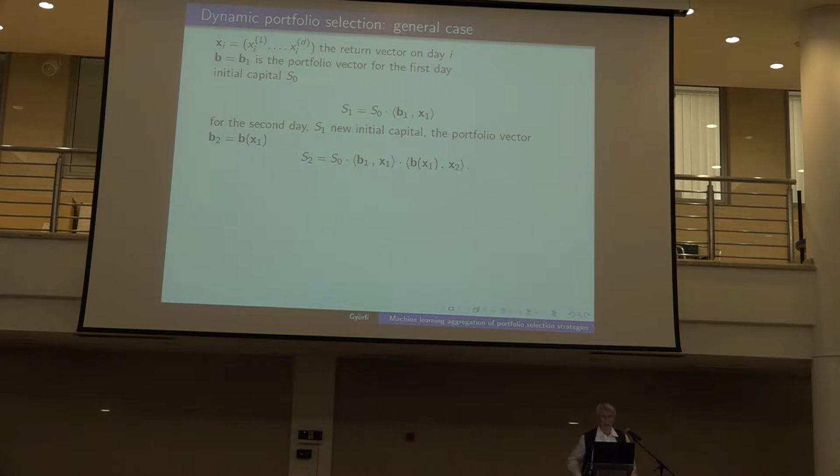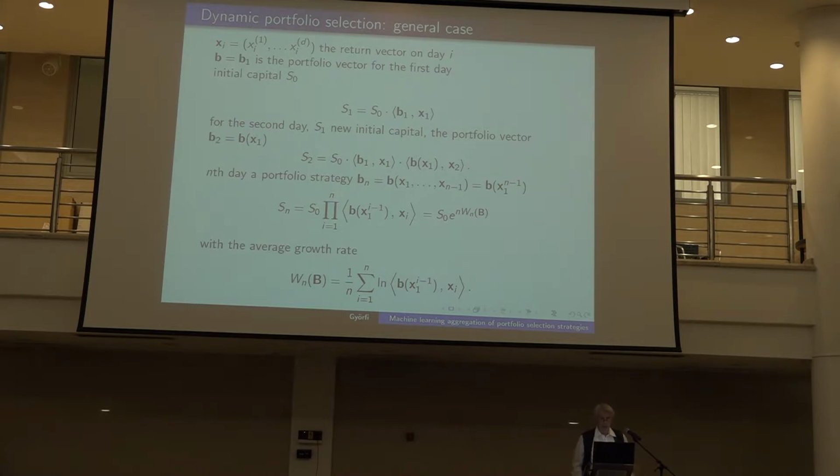For the second day, the portfolio vector may depend on the past, it is the first return vector, and in the case of day n, for the step i, the portfolio vector is an i-1 vector variable function, and the growth rate is an average of this complicated logarithm.